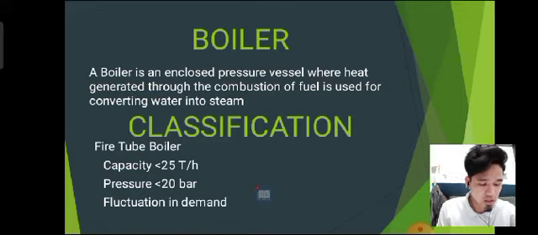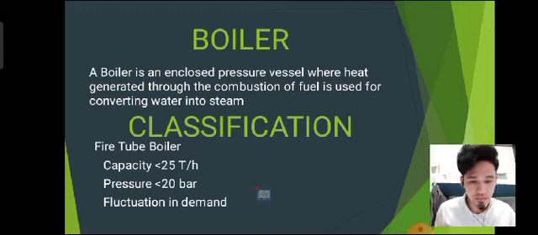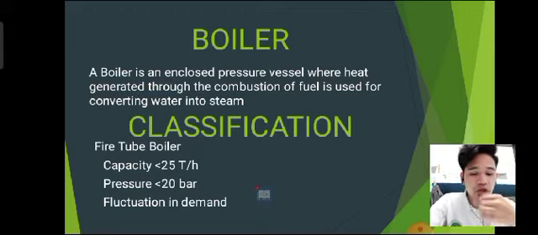Through this shell there is a single tube or a number of tubes, and through these tubes the flue gases flow. Flue gases are generated from burning the fuel, and they are at very high temperature. Fire tube boilers normally have a capacity of less than 200 tons per hour.